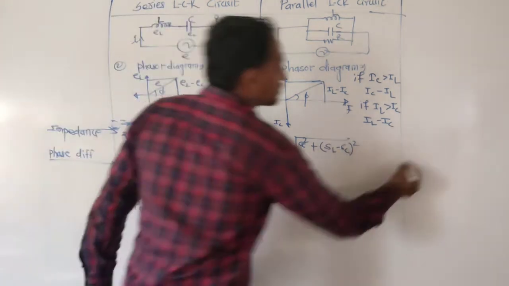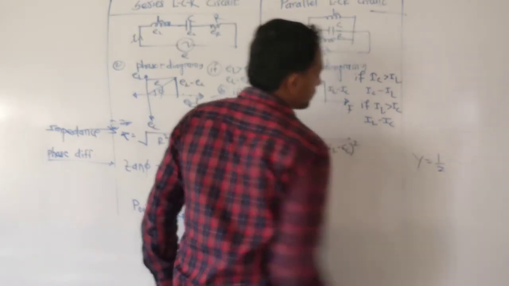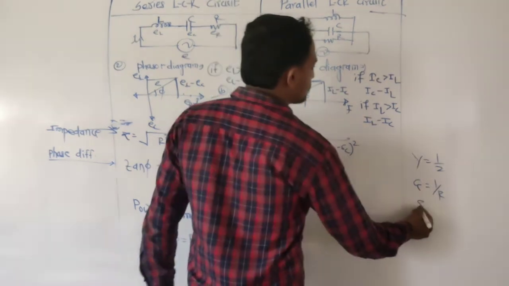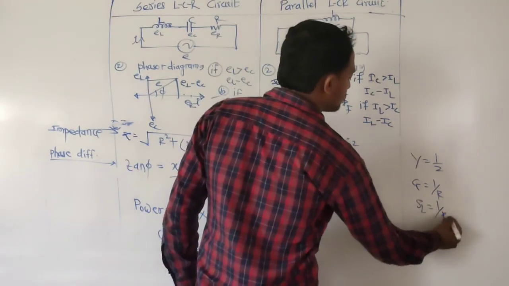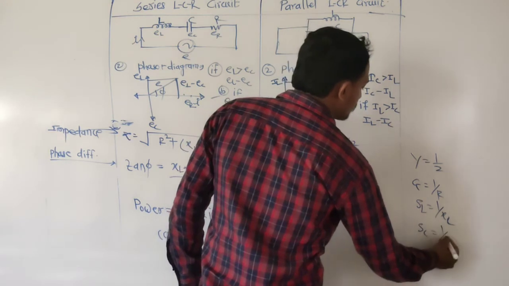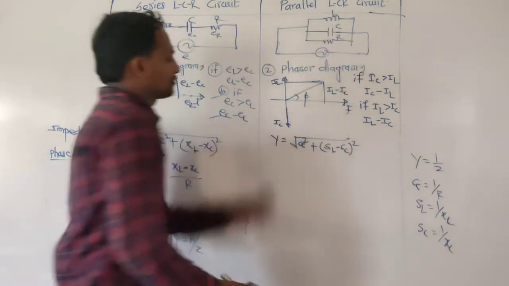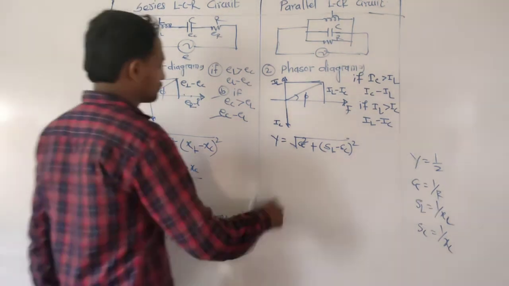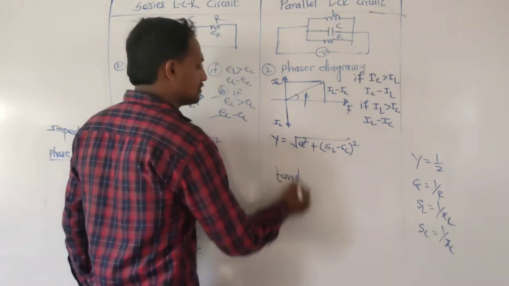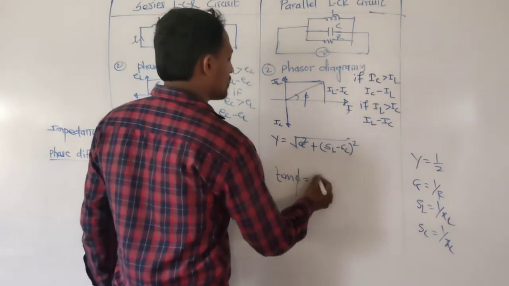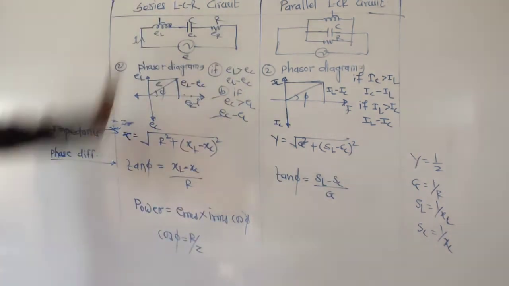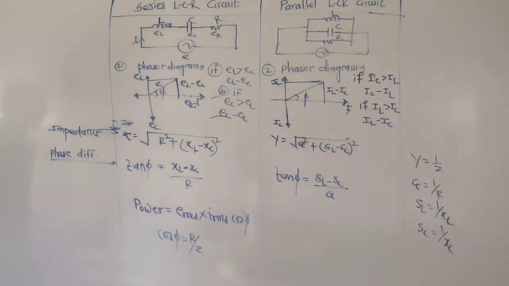Y is equal to 1 upon Z, G is equal to 1 upon R, this is the conductance, SL is equal to 1 upon XL, and SC is equal to 1 upon XC. So we have to understand this relation. What about the phase difference? Same, tan phi is equal to (SL minus SC) upon G. So this is all about series LCR and parallel LCR circuits.